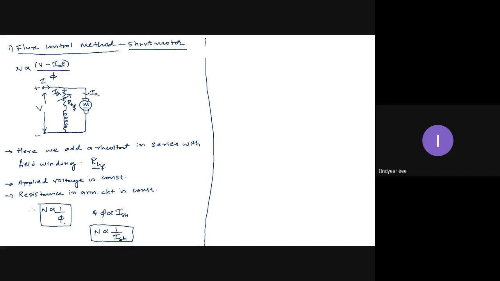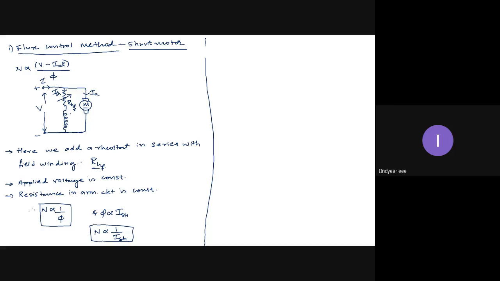When the rated flux is produced, the rated speed is obtained. This is theoretically. So when I don't include any rheostatic resistance in series with the field, initially the speed I obtain is the rated value or near to the rated value.